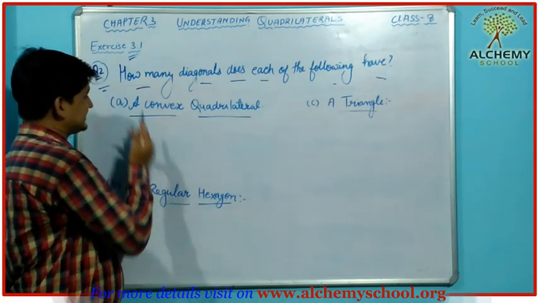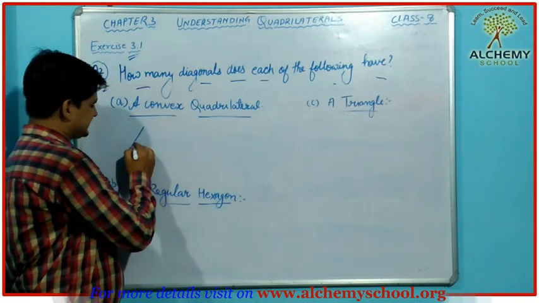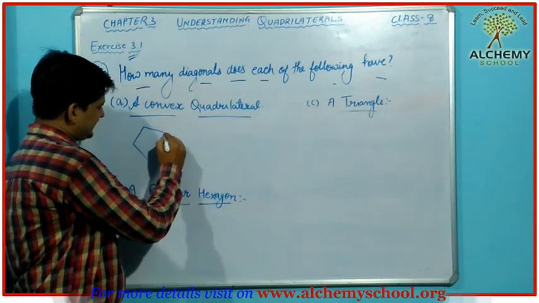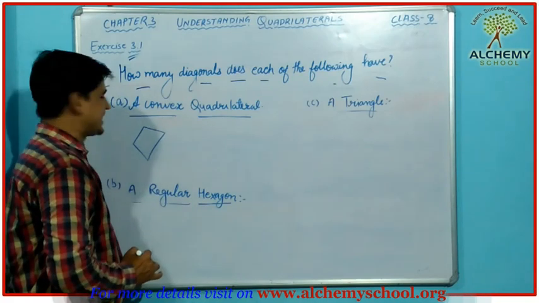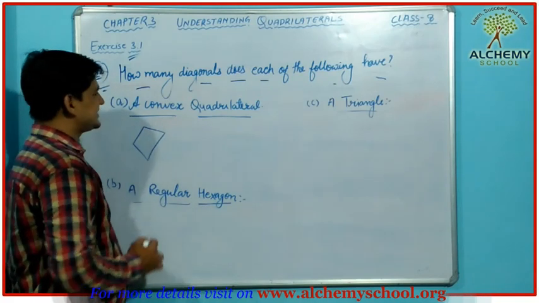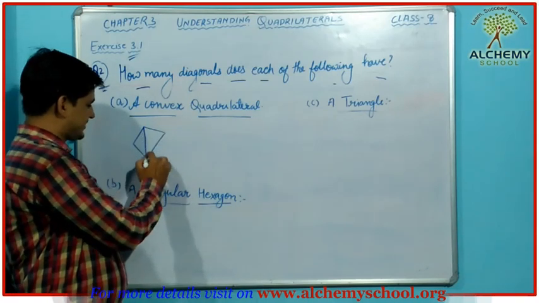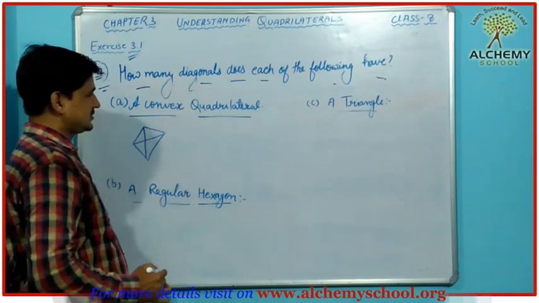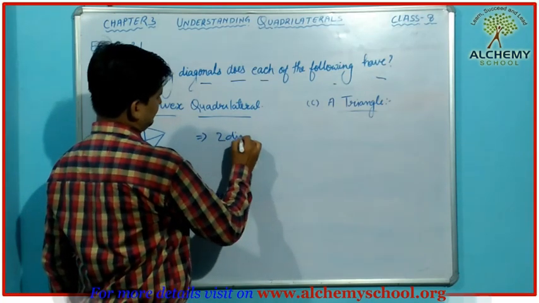But it is given here about convex quadrilateral, which has all the interior angles less than 180 degree. So it contains always two diagonals. So here we can write two diagonals.